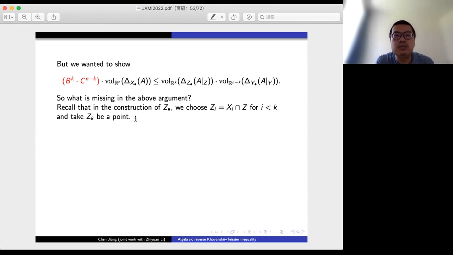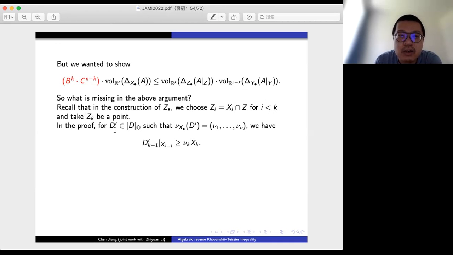This is because in the original definition of an Okounkov body, the last zero-dimensional variety must be a point. It cannot be a set of points. But by doing this, we lost much information.